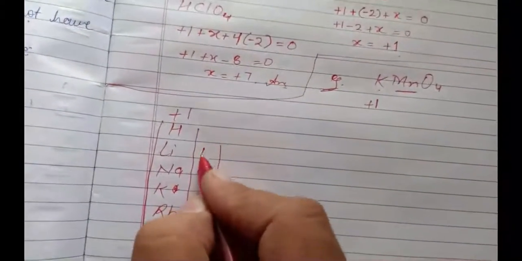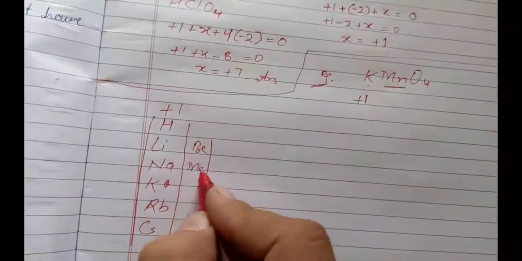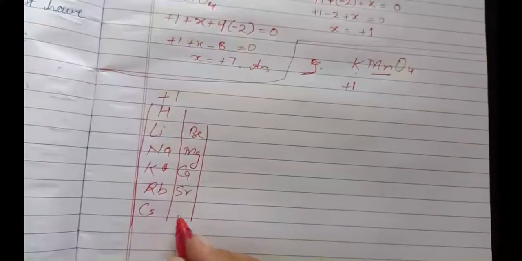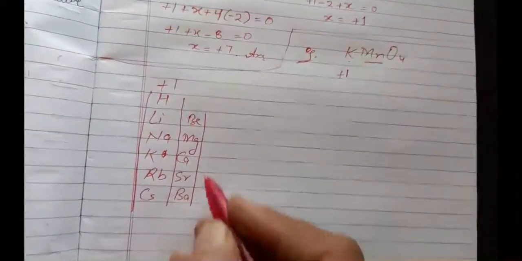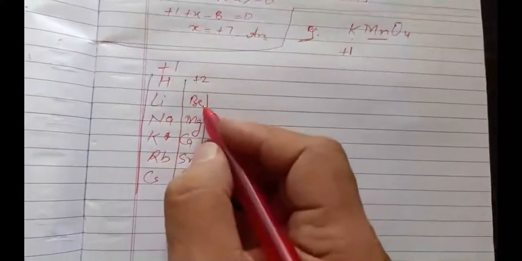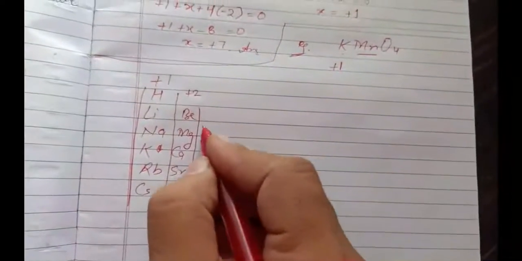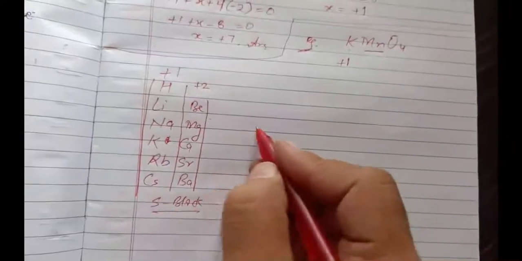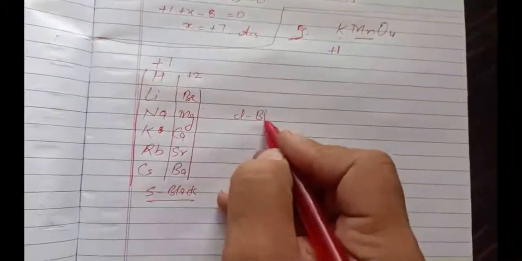The oxidation number of beryllium, magnesium, calcium, strontium and barium, of all these elements, is always +2, and these are called S block elements. In between is D block elements.